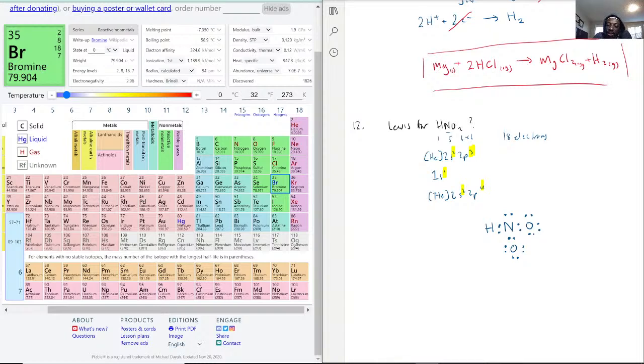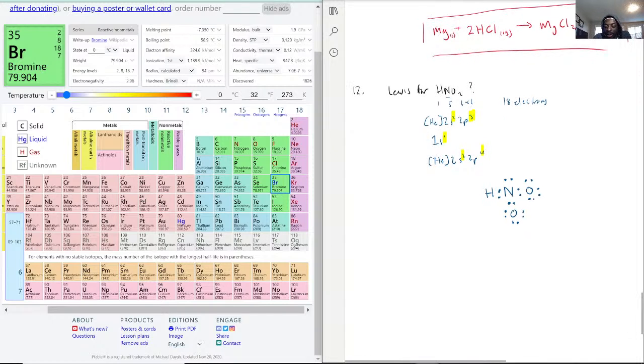So let's write out the electron number. Nitrogen is 5 valence electrons minus, we have 1 lone pair, so that's 2 electrons, plus 6 in a bond divided by 2, so 2 plus 3, that's equal to 0.